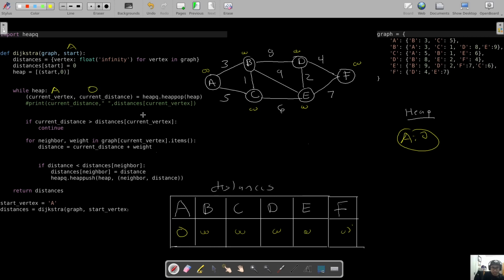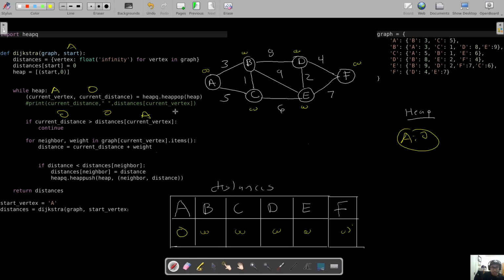So right here, current vertex is A, which is 0, and the current distance is 0. So we do not continue. All right. And then we go over here, neighbor weights, we go through A horizontally.